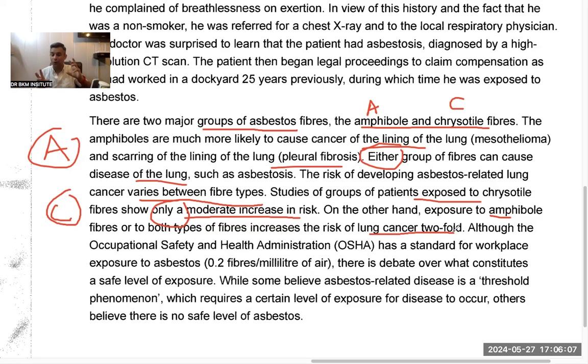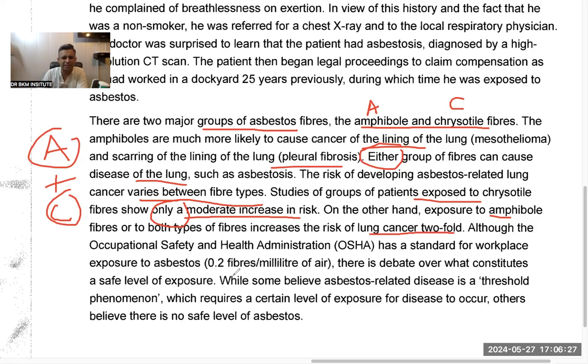Exposure to A or both means A or A plus C. So C alone is not that dangerous, but A or A plus C are dangerous. Both means A and C together, so it doesn't mean C is also dangerous. For cancer, A is dangerous, or A and C in combination. That is what they say.